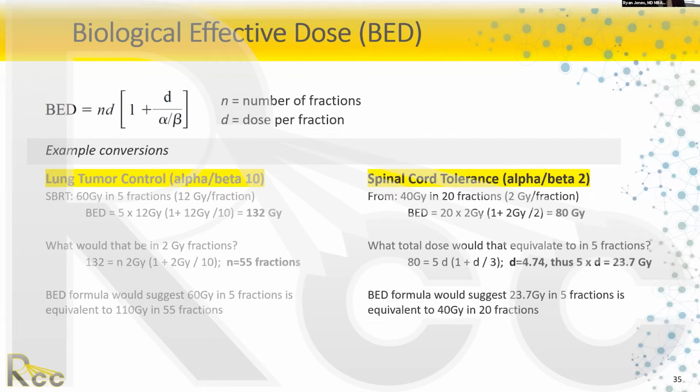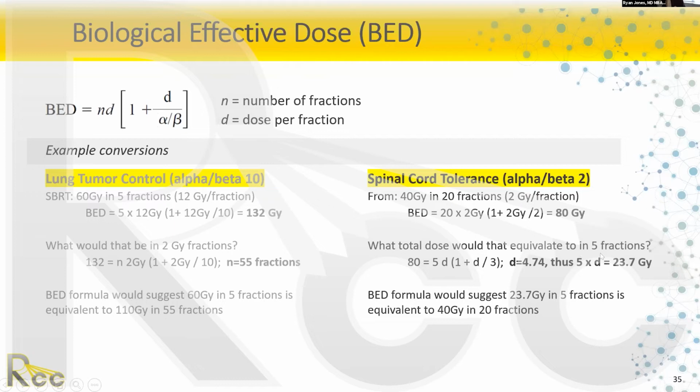And what about for organs at risk? Let's say spinal cord tolerance and alpha beta 2. If we take 40 gray and 20 fractions, we believe we can give spinal cord 40 gray and 20 fractions, and risk of radiation myelopathy is super low. Well, we take that BED formula, find a biological effective dose of 80 gray.